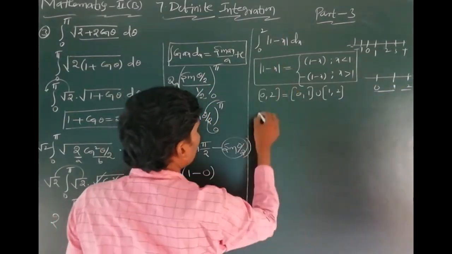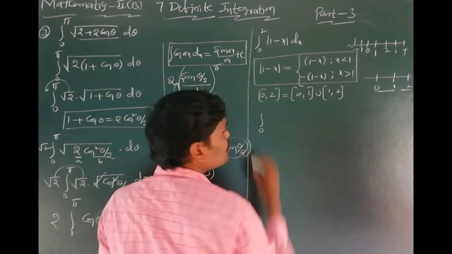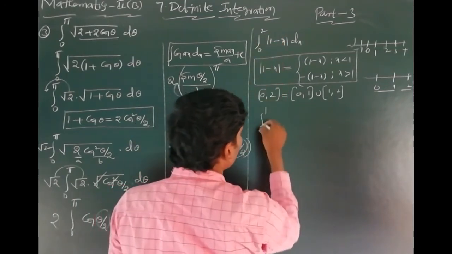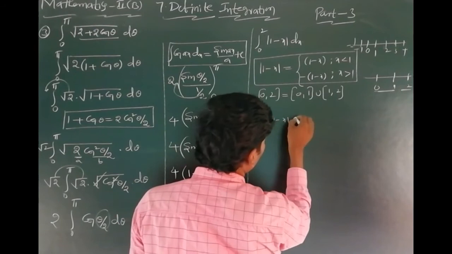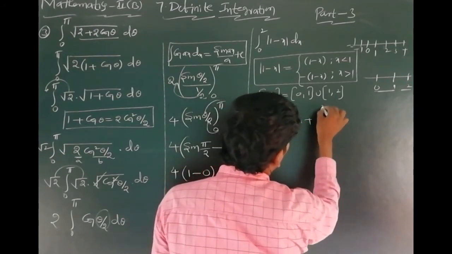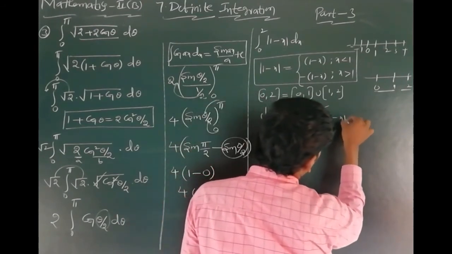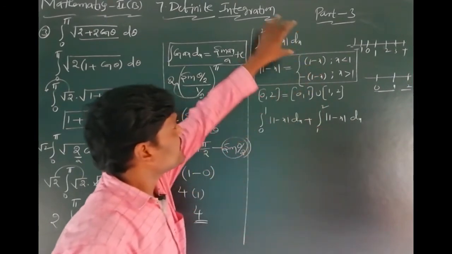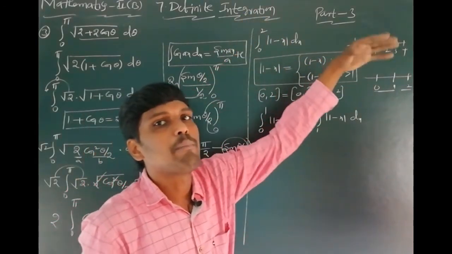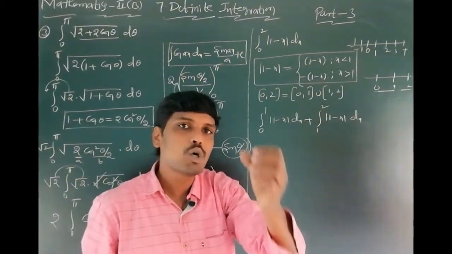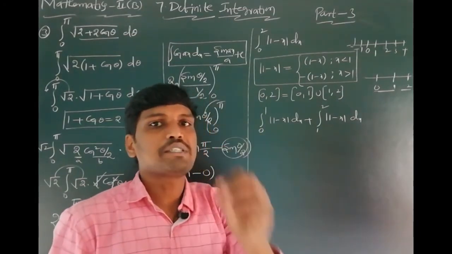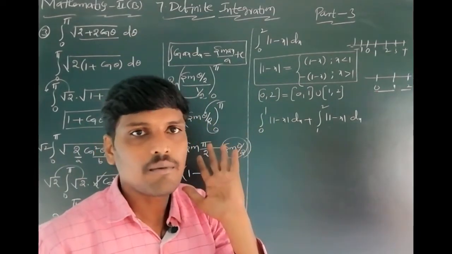That's why you can write integral 0 to 2 as integral 0 to 1 modulus of 1 minus x dx plus integral 1 to 2 modulus of 1 minus x dx. This interval divides into 2 sub-intervals. This formula is also explained in the first part of the definite integration topic.